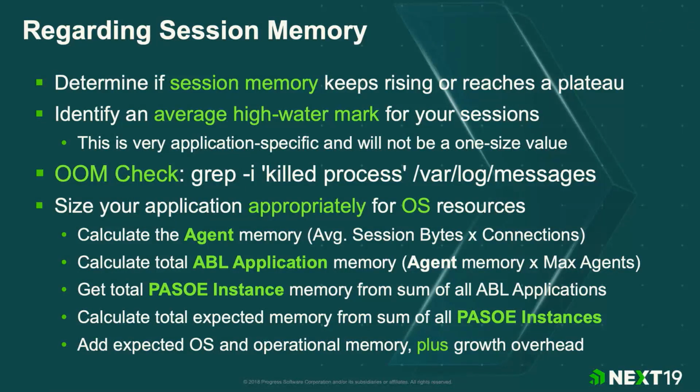So taking that into consideration, tack on your usual OS consumption for OS operations, anything else that's running on the system, add a little percentage for memory growth overhead. And now you know if you need a system that requires a minimum of 16 gigabytes, 32 gigabytes, 64 gigabytes of memory.